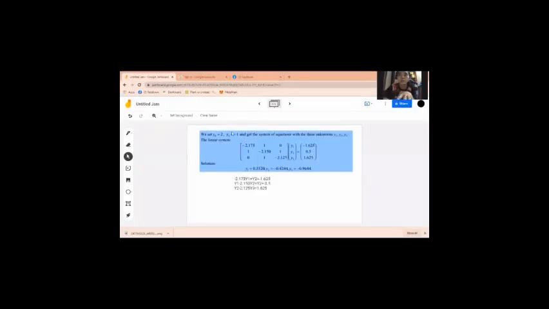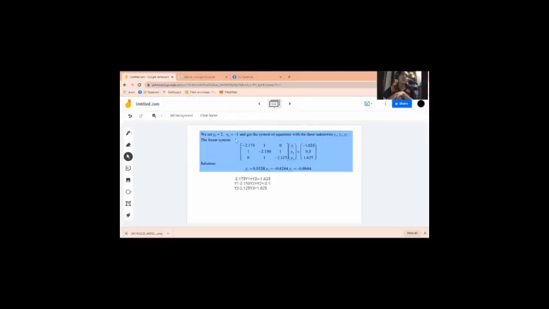So we set y sub 0 equals 2 and y sub 4 equals negative 1, and get a system of equations with three unknowns, y sub 1, y sub 2, y sub 3.